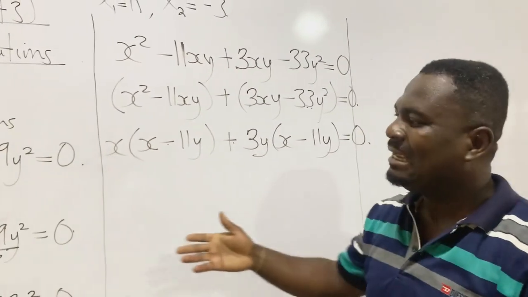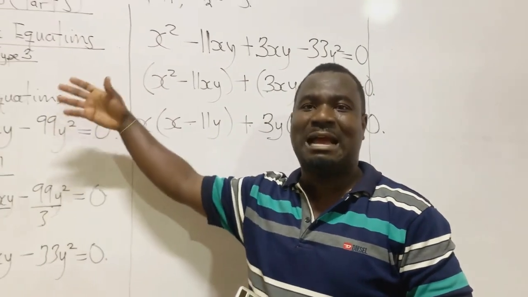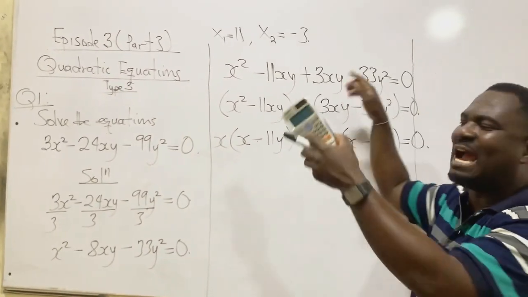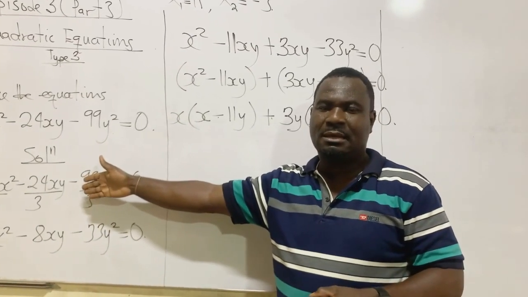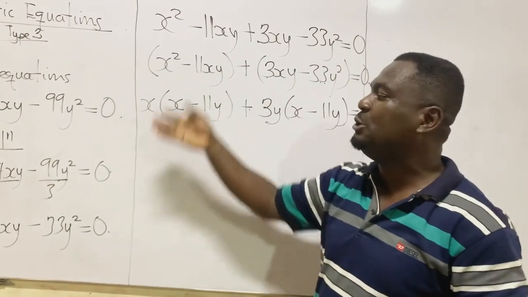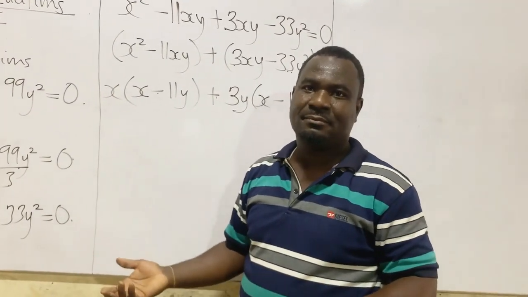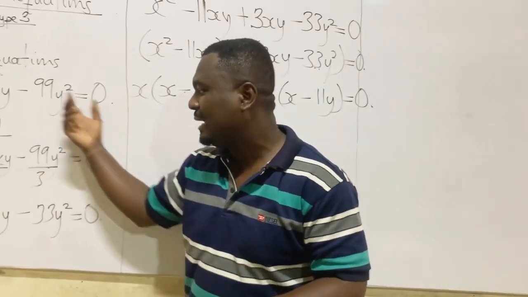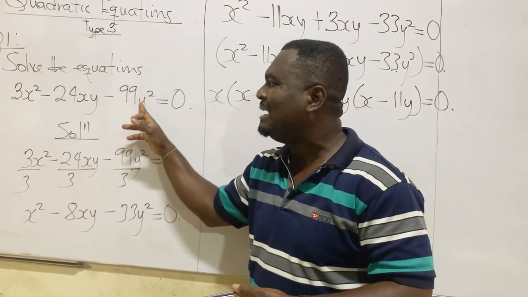Like I said, the method we use in solving the type 1 and that of the type 2, the same method is what we are using. So it is not news, because the same method, the same approach is what we are using in solving the type 3. So it's easy. So don't be confused that, hey, this is a quadratic term, there is another quadratic term, this is unsolvable.